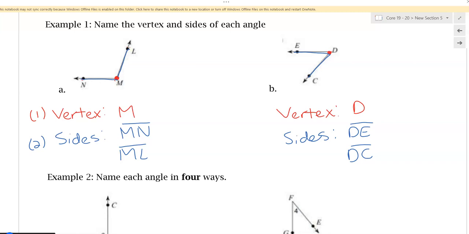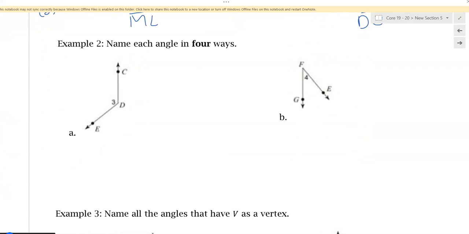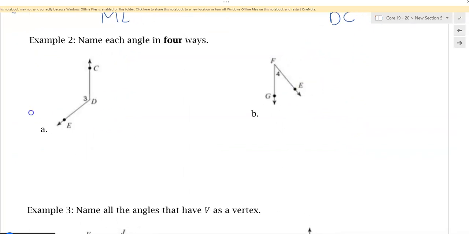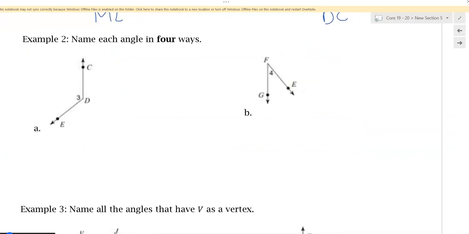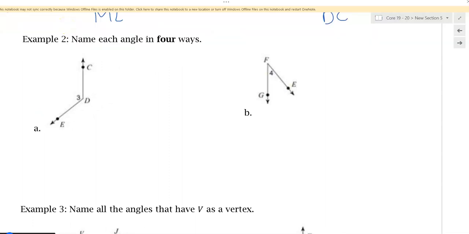All right, example 2, name each angle in 4 ways. That's a lot of ways, but we'll get them all. Okay, 3 of them we've already seen in our other one, and then there's one other way we can name them that these have. So my first way to name an angle is just using the vertex. Angle D. Done.